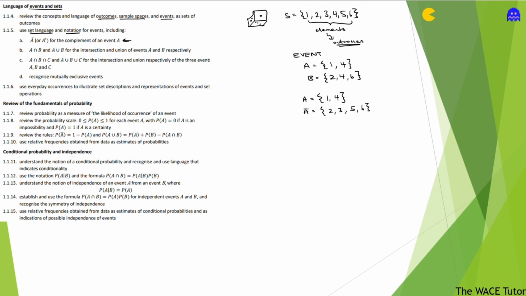In other words, the complete opposite of A. The complement of A is precisely this. It is the negation of the event A. If A is the event that we roll a 1 or a 4, then A complement is the event that we do not roll a 1 or a 4. We can also refer to complements in this way or in this way.